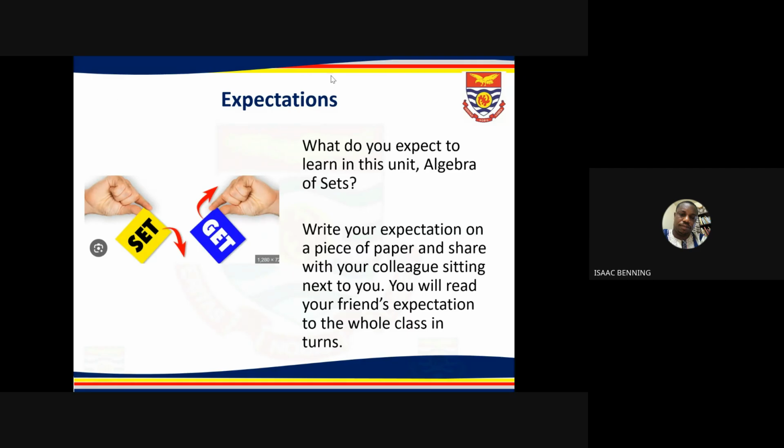So you can use the chat console in the Google Meet to type your expectation from this course. You see where the chat button is. If you are using a laptop, bottom right.